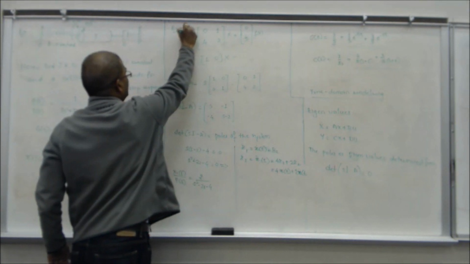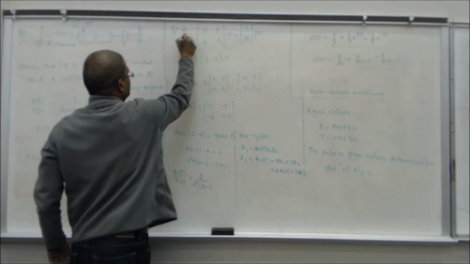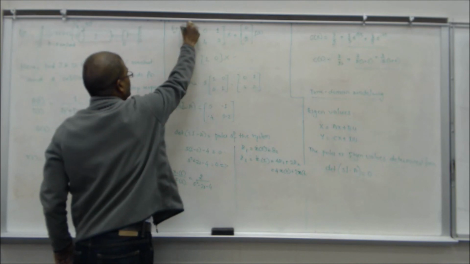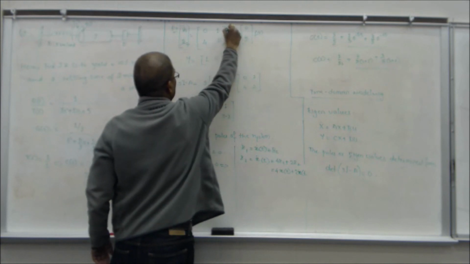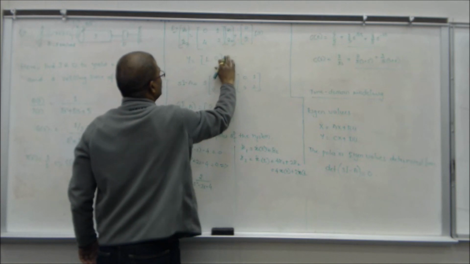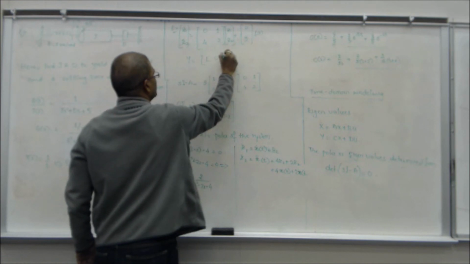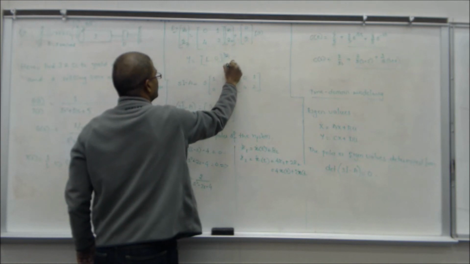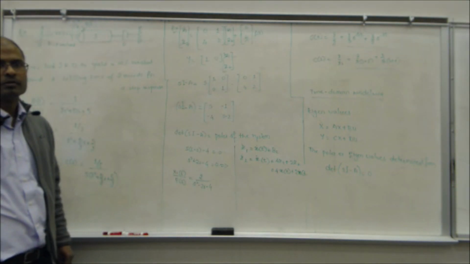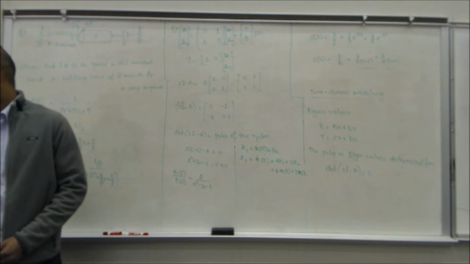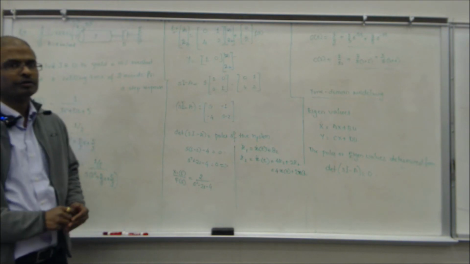So you have z1 dot, z2 dot, and this is z1, z2. Okay. Have to get going? Okay.